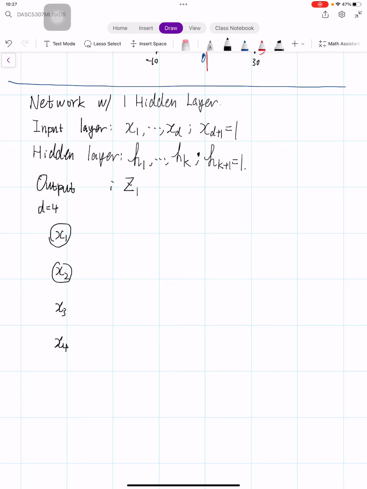We have 4 input features. Suppose now we have the first hidden layer. Suppose we call it A1, A2, A3, A4, A5, which is called the hidden layer.